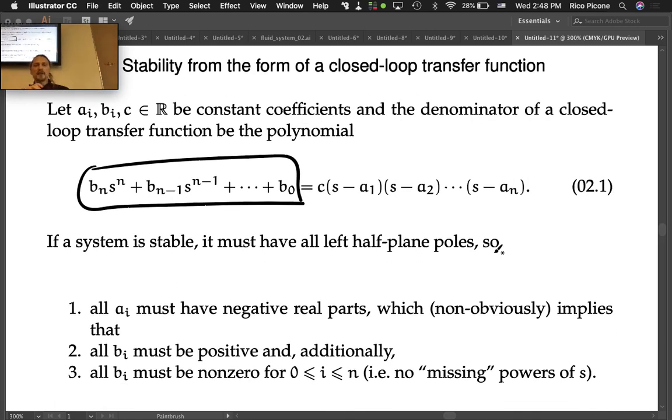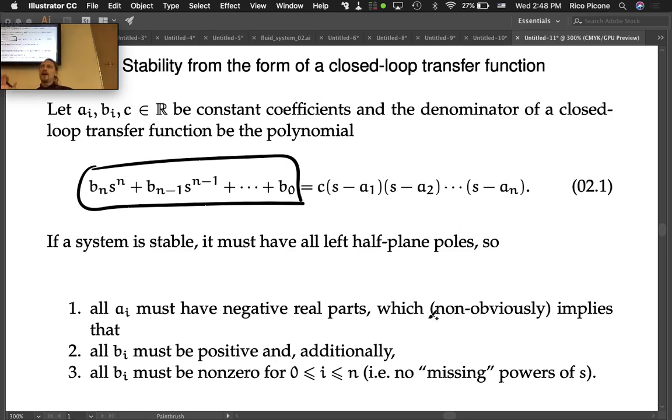If the system is stable, it must have all left half plane poles. So all of these A's must have negative real parts, which non-obviously implies that all of the B's must be positive, and additionally, all of the B's must be non-zero. In other words, there are no missing powers of S.